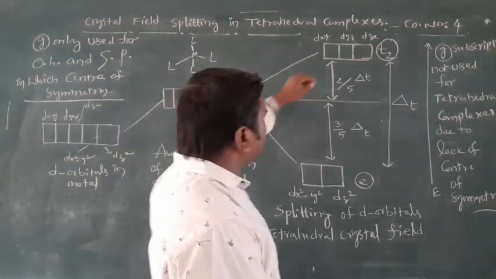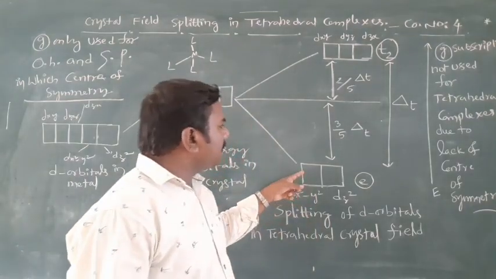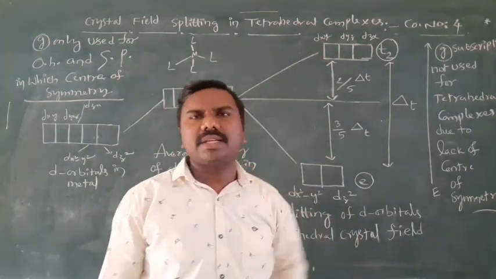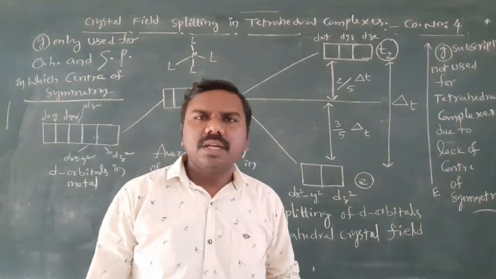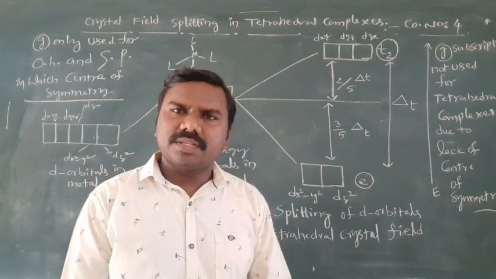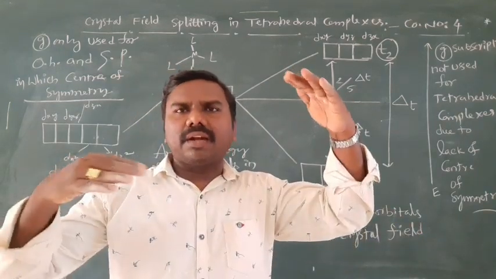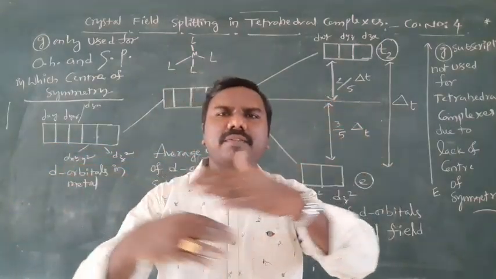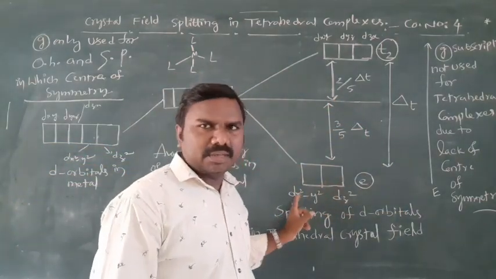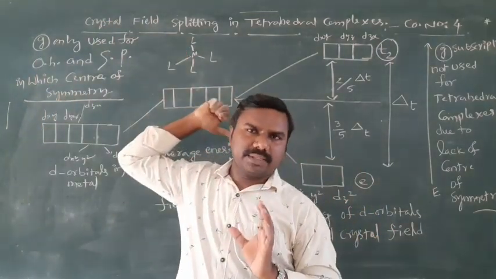So we should use T2 as well as E. E is lower, T2 is higher, as I discussed in the last class. In octahedral, T2g is lower because of low repulsions. Similarly here, E is lower because of low repulsions, because the electron cloud direction is different from that of the E orbitals, which are nothing but dx square minus y square and dz square in tetrahedral complexes.